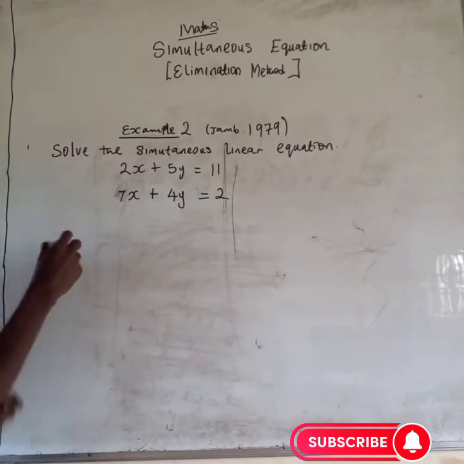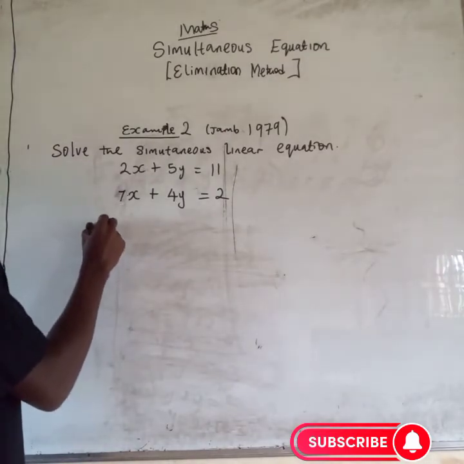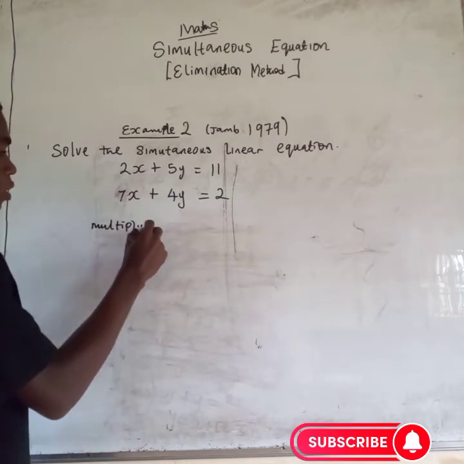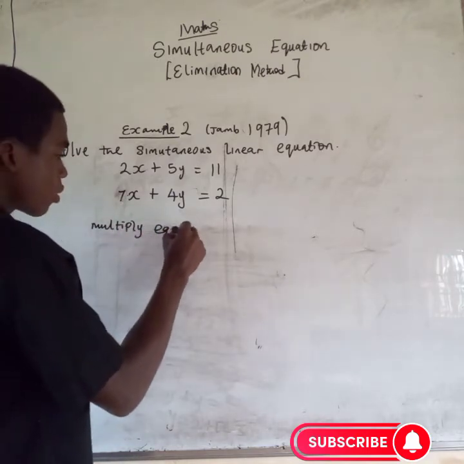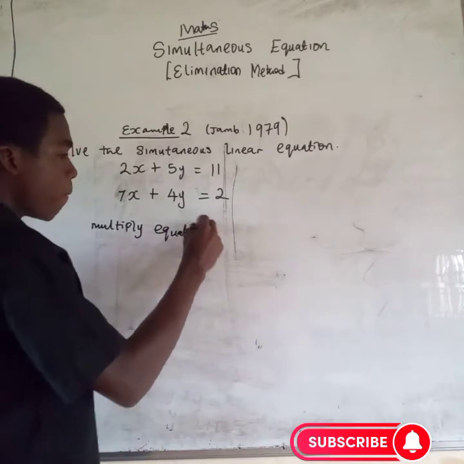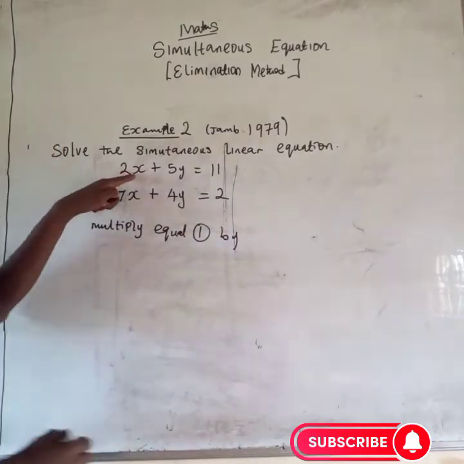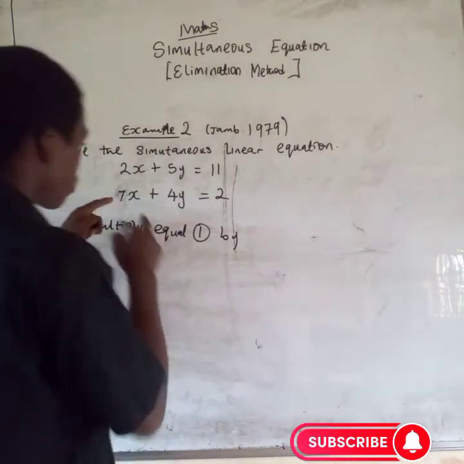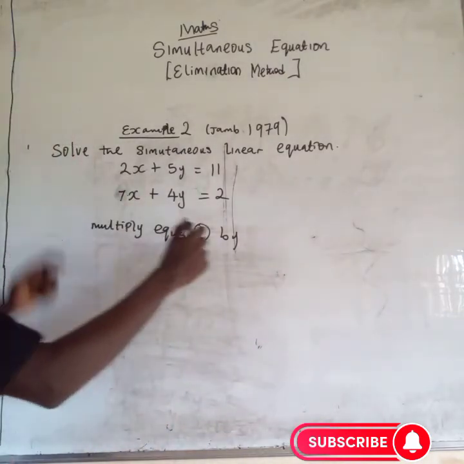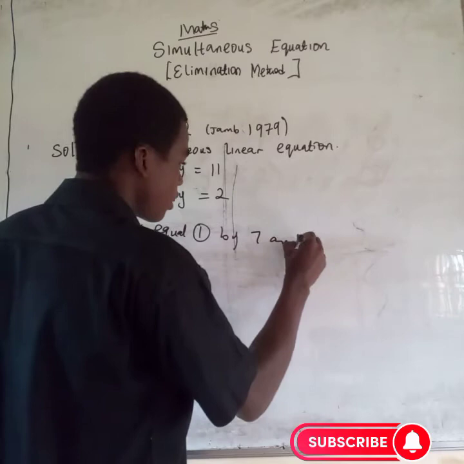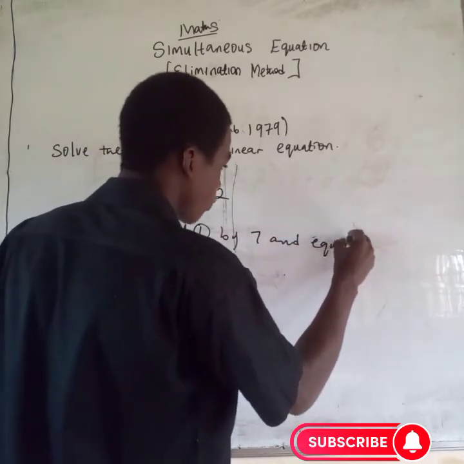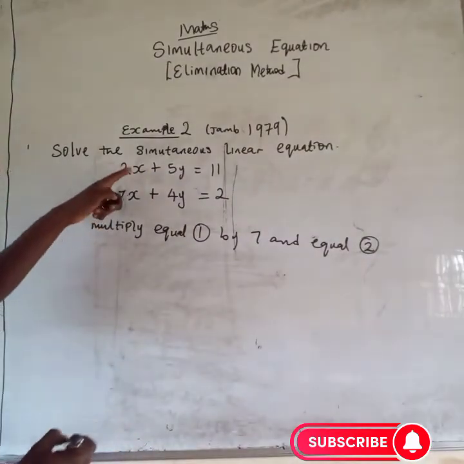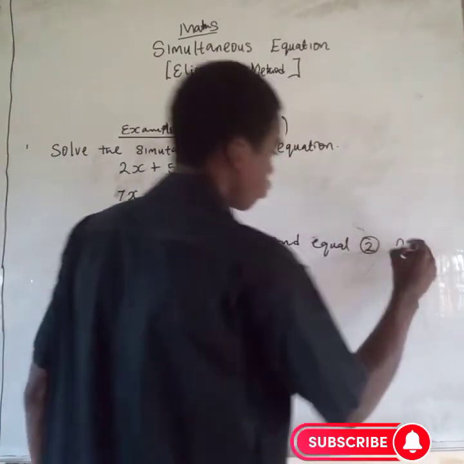So in this case, multiply equation 1 by the coefficient of x in equation 2, which is 7, and equation 2 by the coefficient of x in equation 1, which is 2, right?